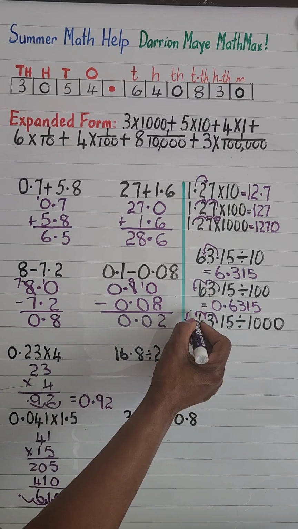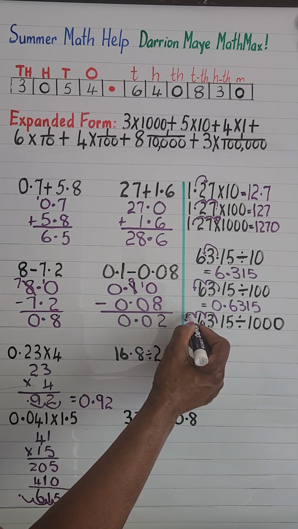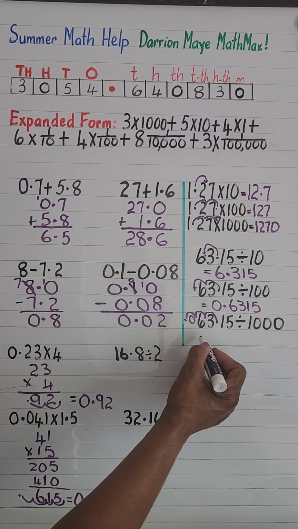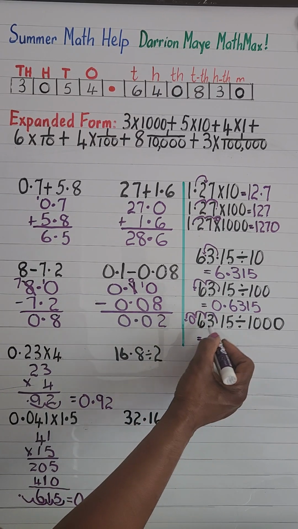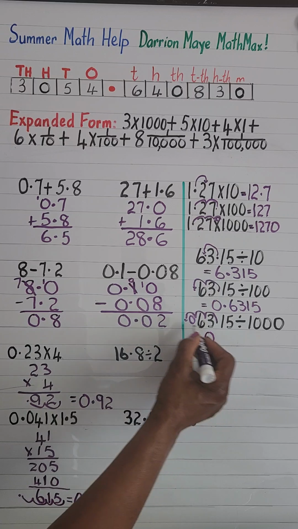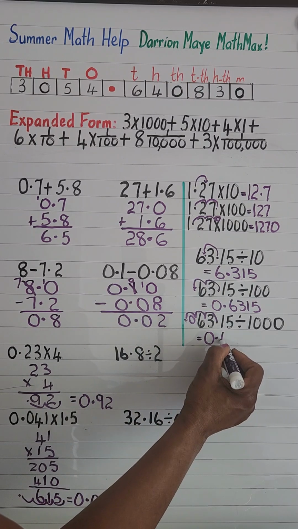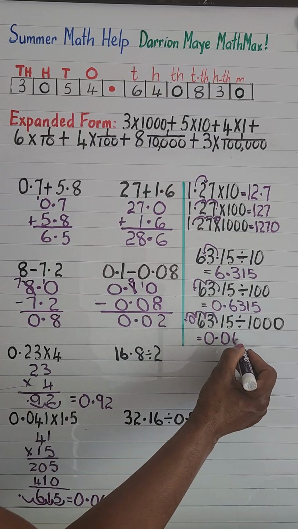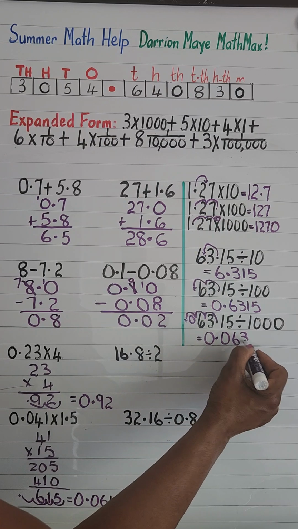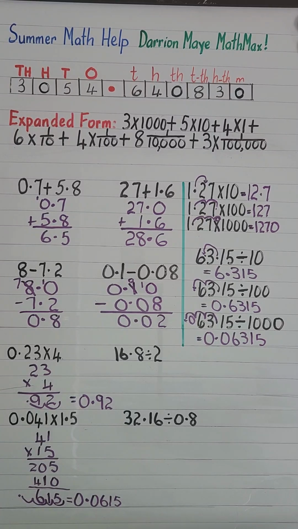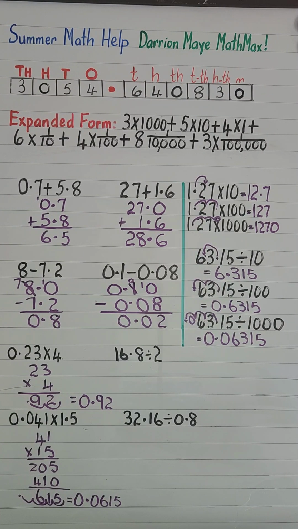And we have an open space, which we will put a placeholder 0. And that is now equal to 0.06315.